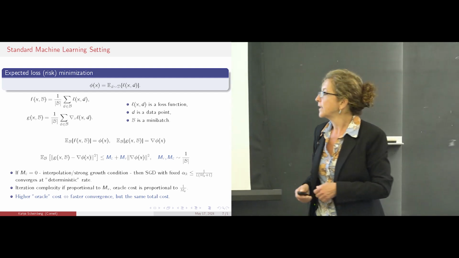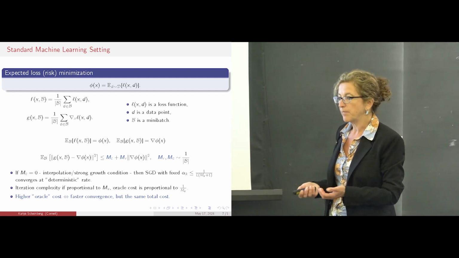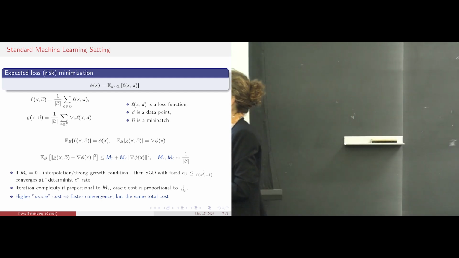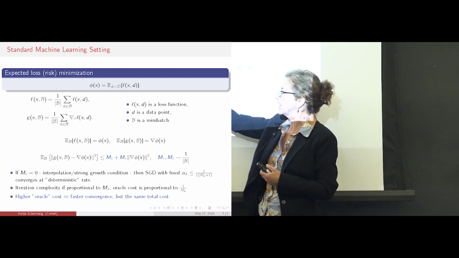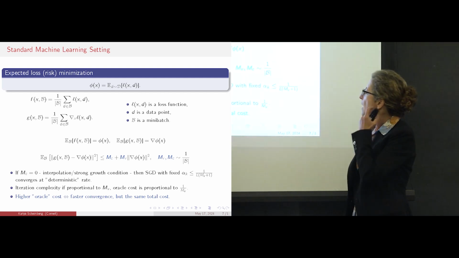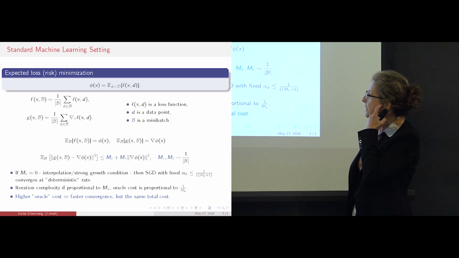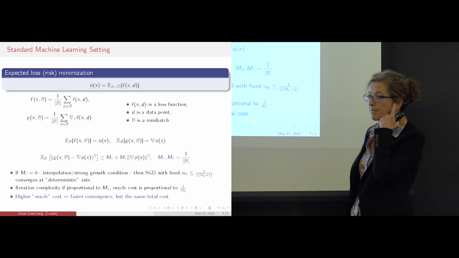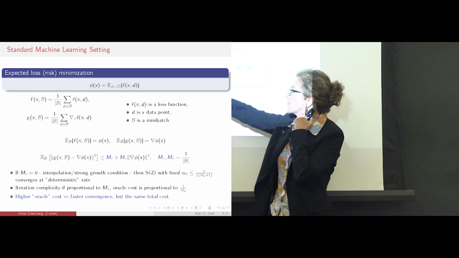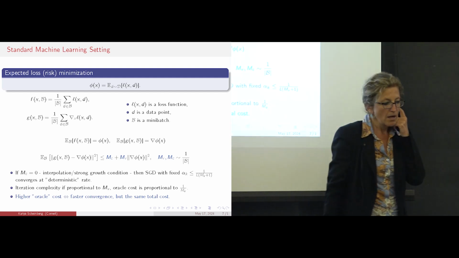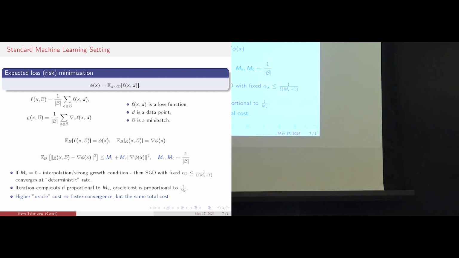So it has become fairly common, and it's really true for most applications, that this bound holds. But there is a whole host of papers that assume for machine learning specifically that MC is 0. Where does this idea come from?